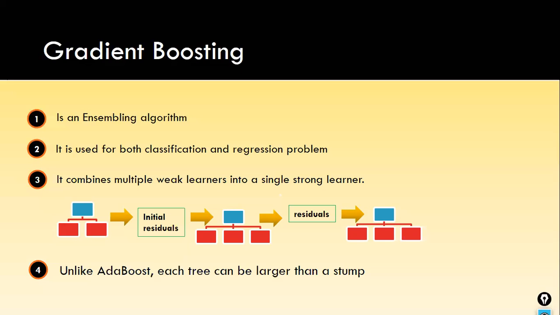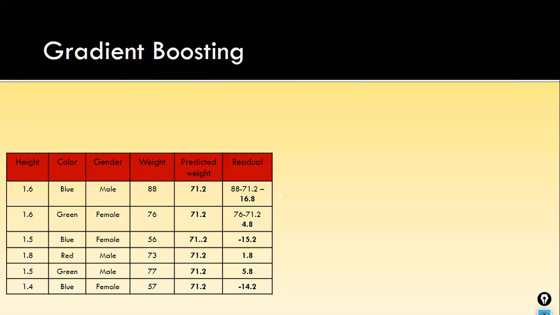Now let's go ahead and understand how this gradient boosting algorithm works for regression. To understand the algorithm, we are going to use this data set. This data set has three independent variables: height, favorite color, and gender, and the target attribute. The dependent variable is weight in this case.